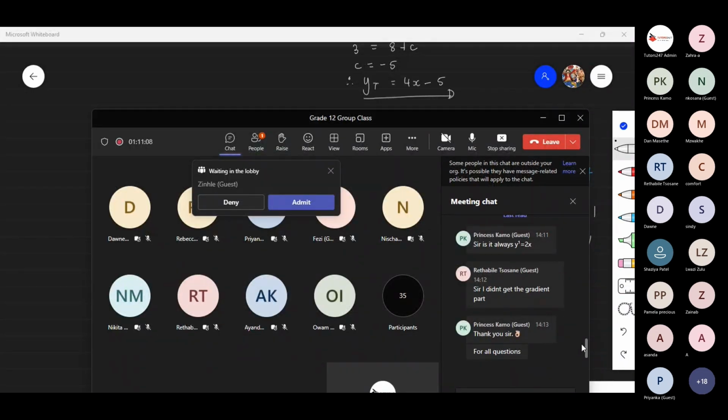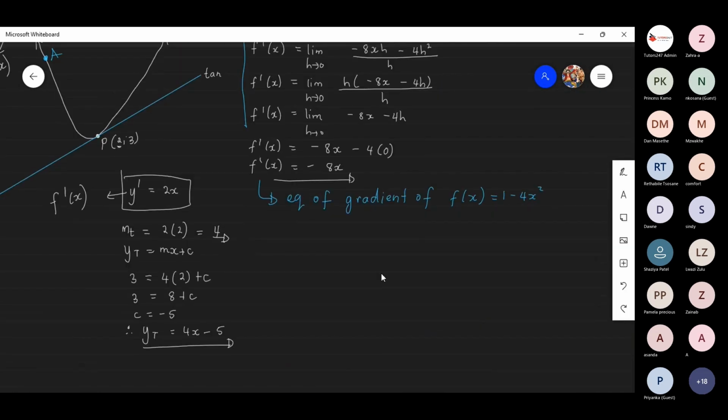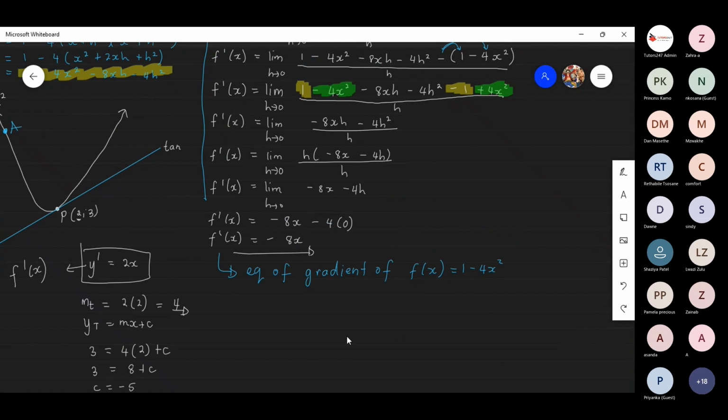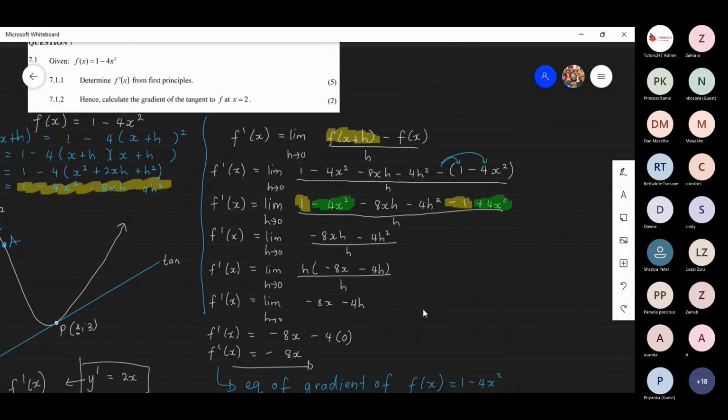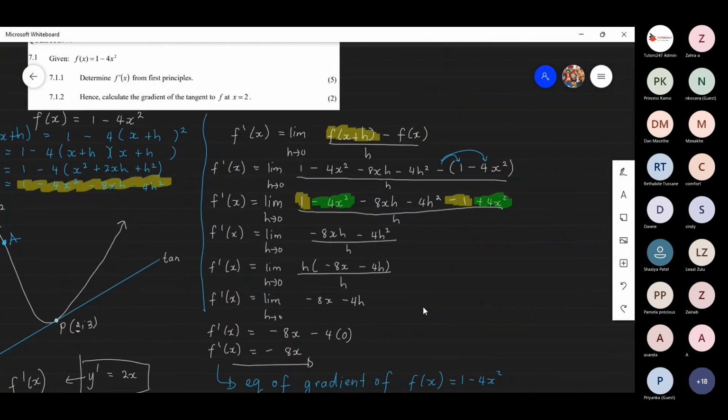Okay, so there doesn't seem to be any other questions in the chats, so let us now proceed to question 7.1.2. So we've already covered how do you find the gradient and how do you find the tangent. If we look at question 7.1.2, hence calculate the gradient of the tangent to f at x equals 2.